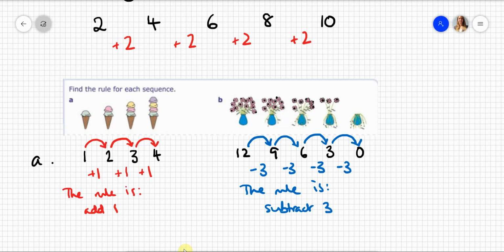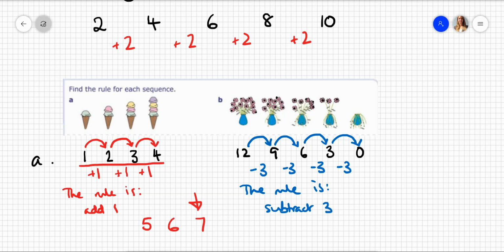Now each of these sequences could be extended. For the first sequence, we could do the next few terms. They would be 5, 6, 7. In terms of the actual real life situation, 7 ice cream flavours is probably going to fall down. But if we just take the numbers, we could extend it.